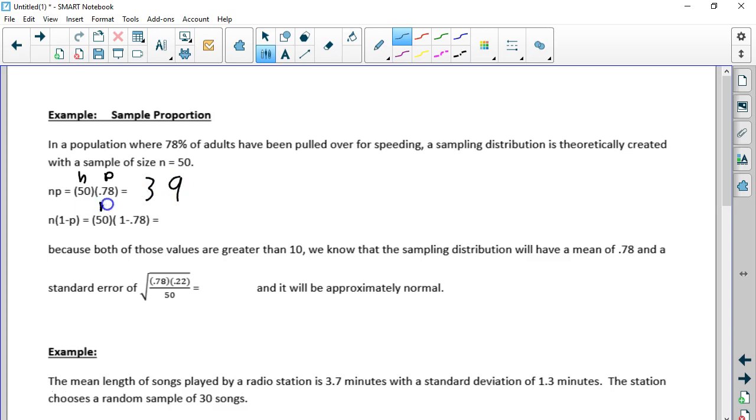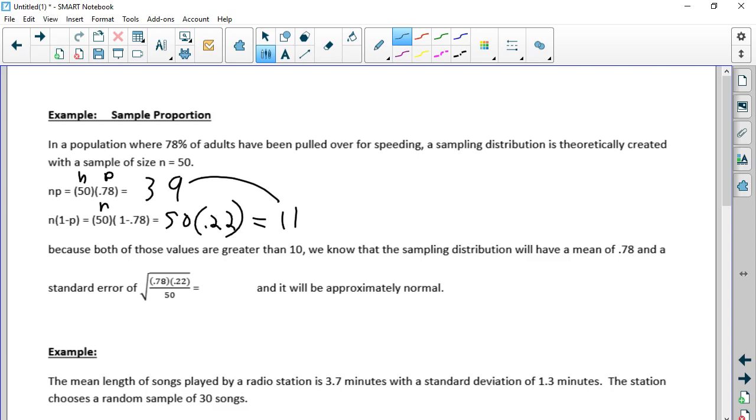And then n times 1 minus p, which means 50 times 0.22. And if you think about it, 78 cents plus 22 cents equals $1. So 1 minus 78 cents leads you to 22 cents. That's 11. And doesn't it make sense that 39 plus 11 makes 50? Because you're doing 50 times the 78% and 50 times the 22%.